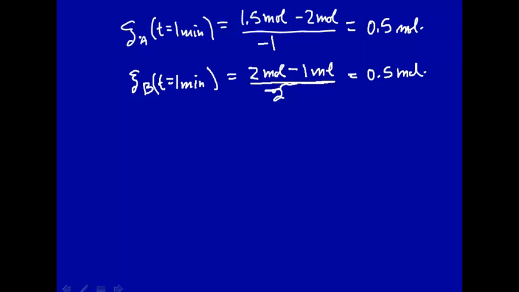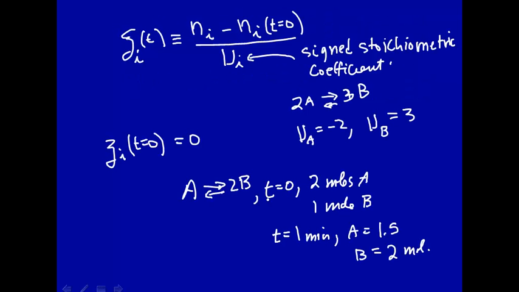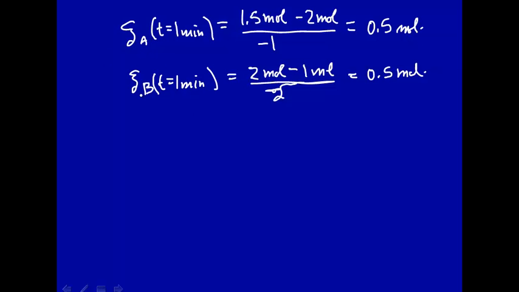In fact, if you just extrapolate this, no matter which reactant or product you choose for an arbitrary chemical reaction, as long as you're dividing by the signed stoichiometric coefficient, you're going to get the same extent of reaction. If you measure A, you measure B, or if you have a more complicated reaction, measure C. No matter what reactant or product you measure at some particular time, you're going to get the same extent of reaction. So that's why these subscripts here are not needed.